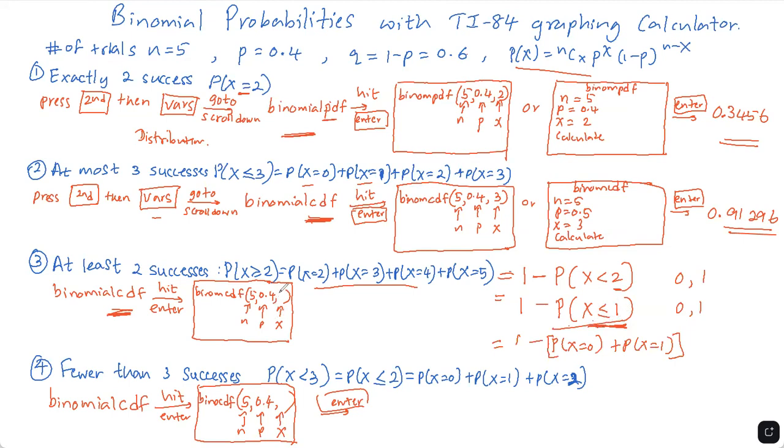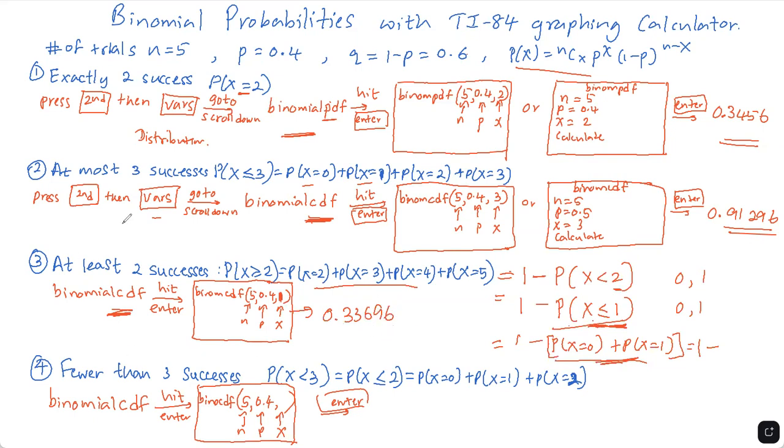So always you can enter x as your equality number, right? So x in this case equals 1. So this will give you the value of this number. That means 1 minus the value of this one. The value will be 0.33696.